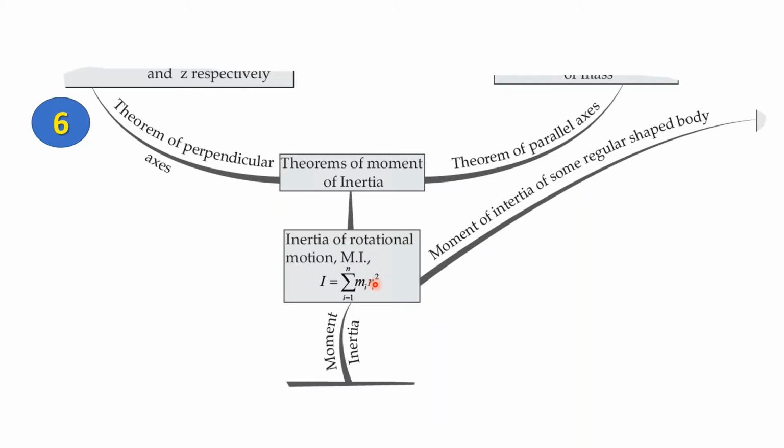So if you have one object and you need to find out its inertia while it's rotating, you say that the inertia of the object is the mass of the object times the square of its dimensions, such as length, area, etc.